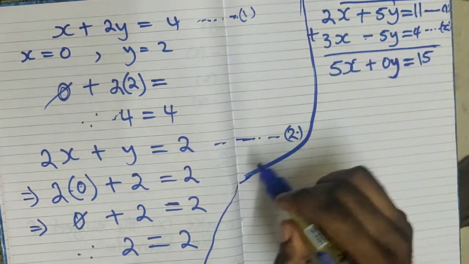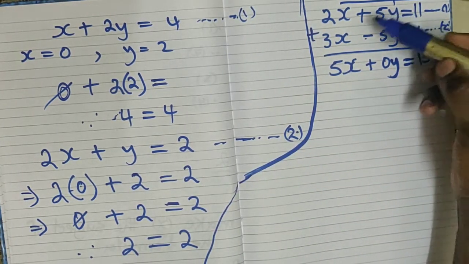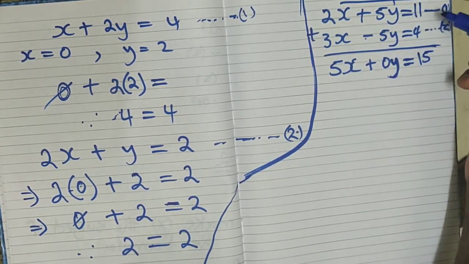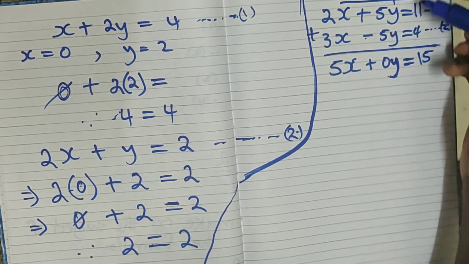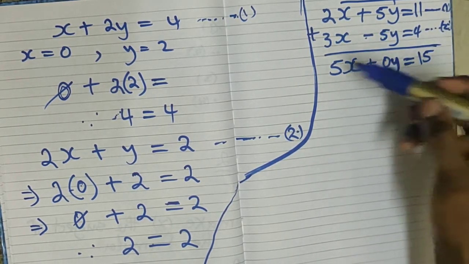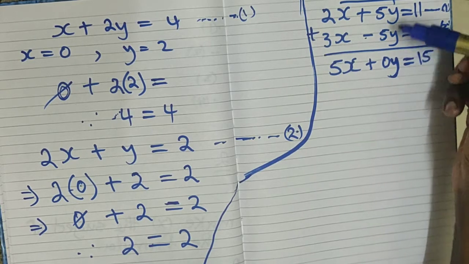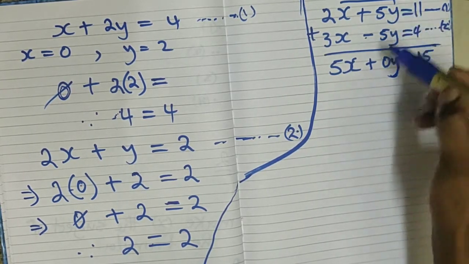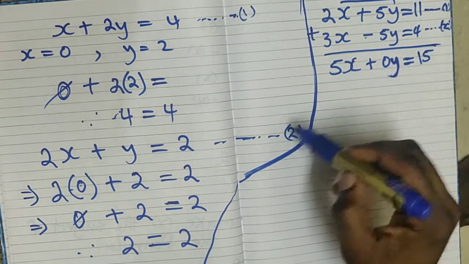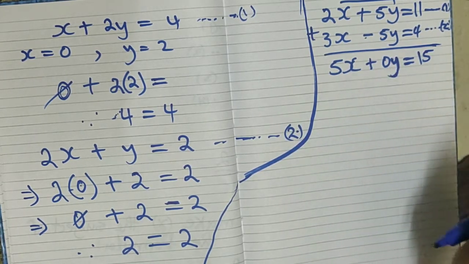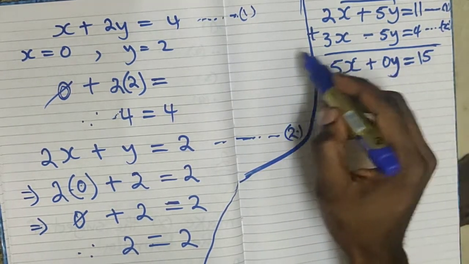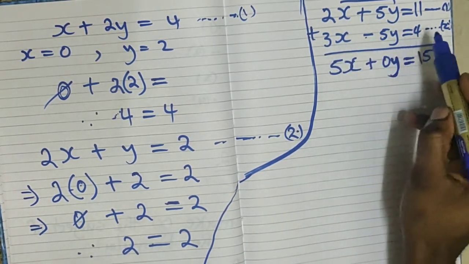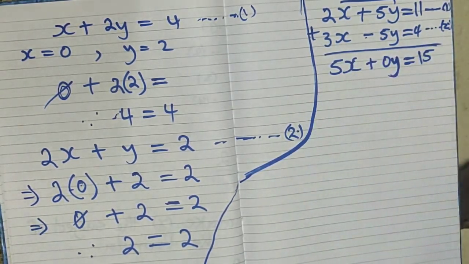But with this one, we are adding the two equations, because then one of the variables, y, becomes 0. The variables in this equation are x and y, so we are looking for x and y.